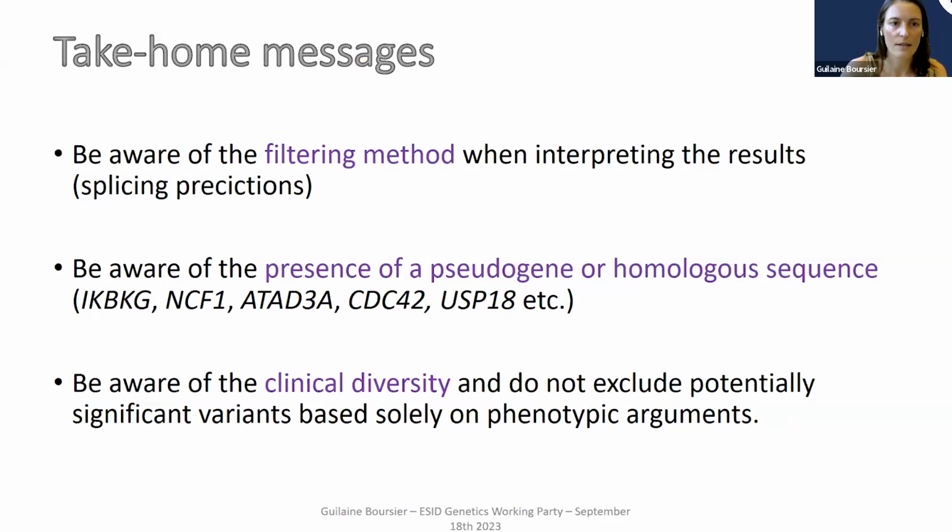So the take-home messages of my presentation are to be aware of the filtering method when interpreting the results. You have seen in this case that the splicing predictions weren't good. Be aware of the presence of pseudogene or homologous sequence. That's the case for the EKB-KG gene, but also for the NCF1 gene, or for ATAD3A, where there are homologous sequences because the sequence of some exons is 100% identical with ATAD3B or ATAD3C, CDC42, USP18, etc. Lots of genes have homologous sequences.